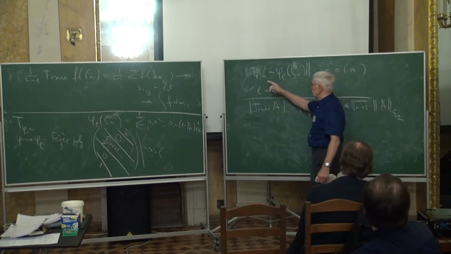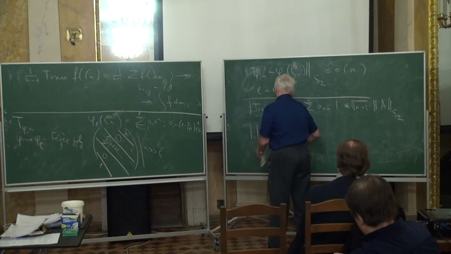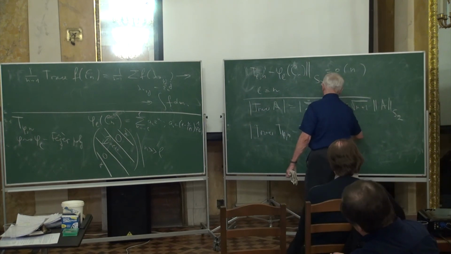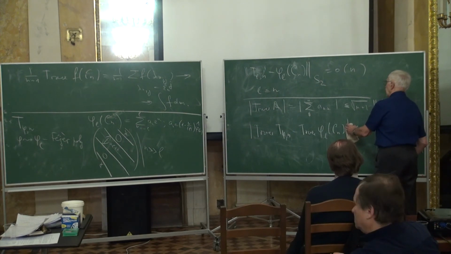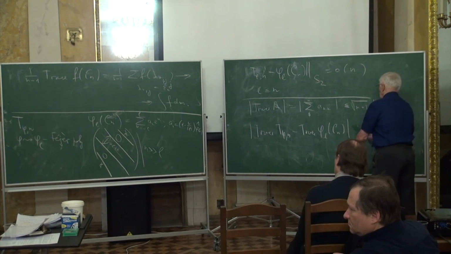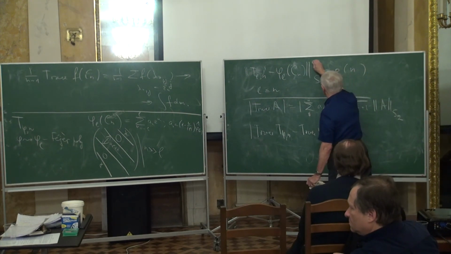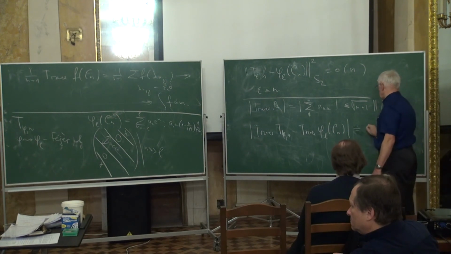So using this inequality, we will have that the trace of φ(T_φ,n) minus the trace of φ_L(C_n) is small o of n, you can see it in the square. Okay?